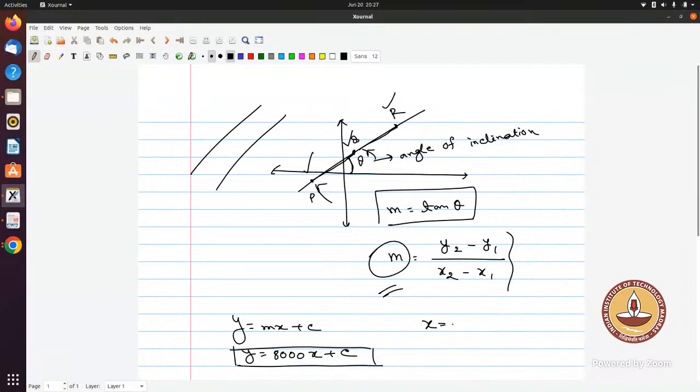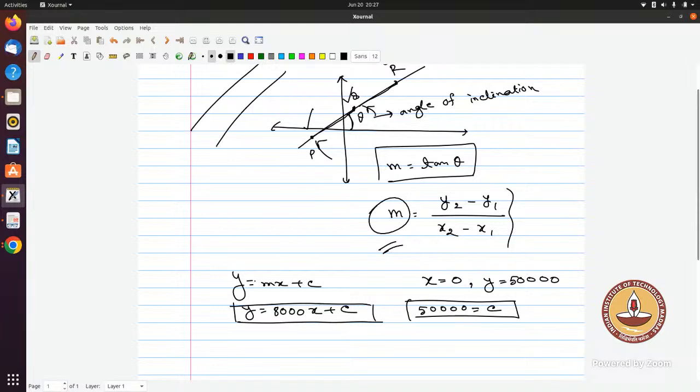At x equal to 0, y is 50,000. If you put x equal to 0 in this equation, then c will be equal to 50,000. So the equation will be, m is minus 8,000, so y is minus 8,000x plus 50,000. Understood, sir.